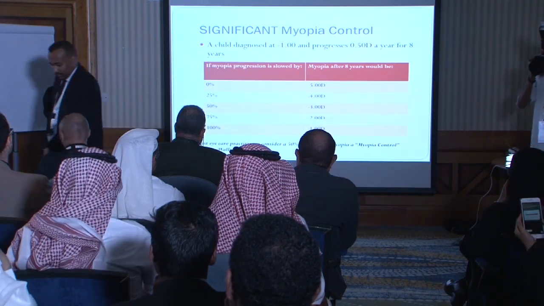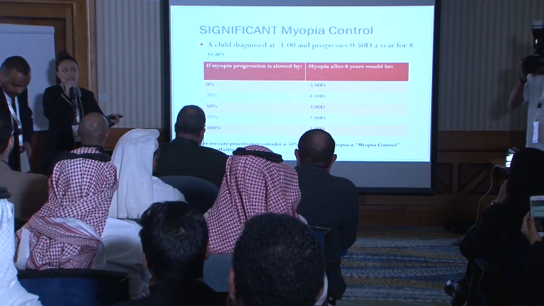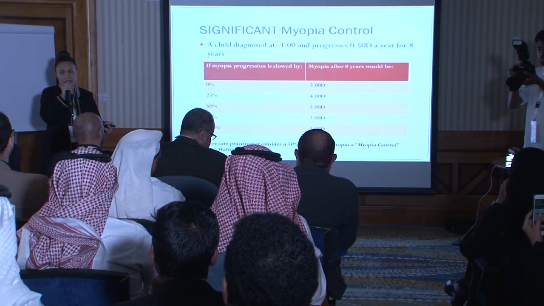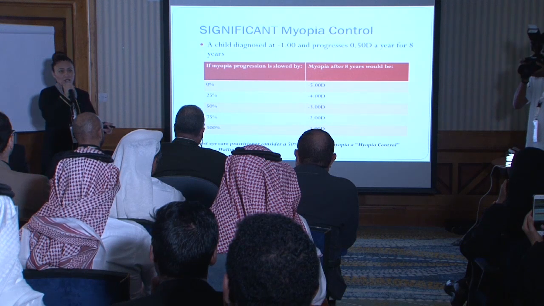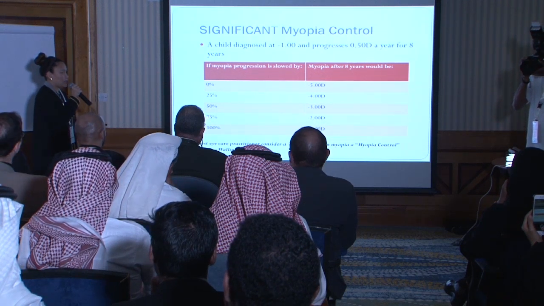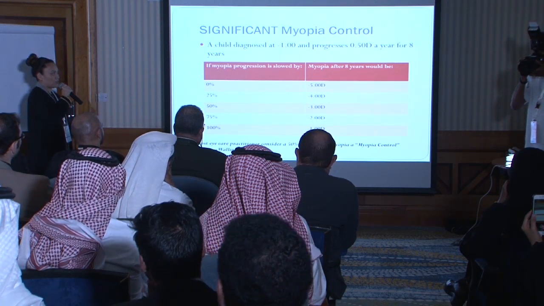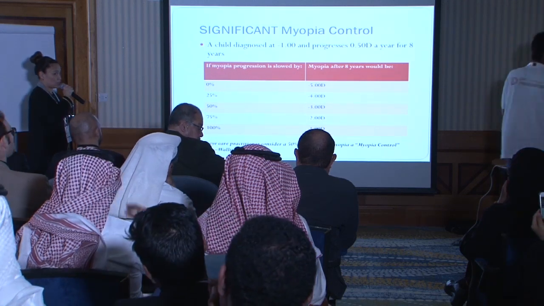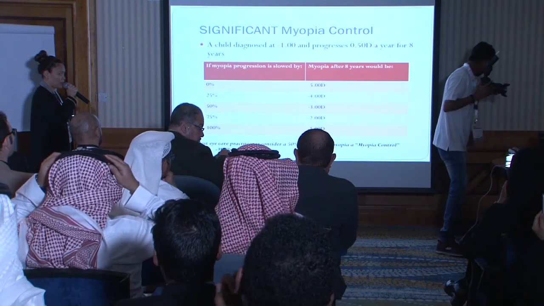At 16 years old, in your experience, do you still see progression of myopia in your patients? Yes. Yeah? It's possible. Okay, so if uncontrolled, -5 after 8 years. So at 16, this child will have -5, which is already considered high myopia.